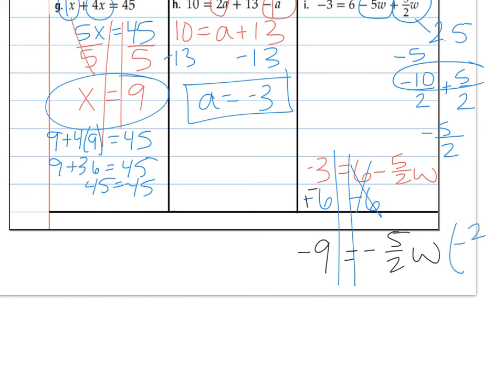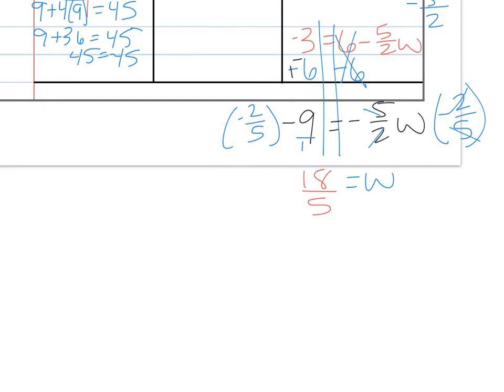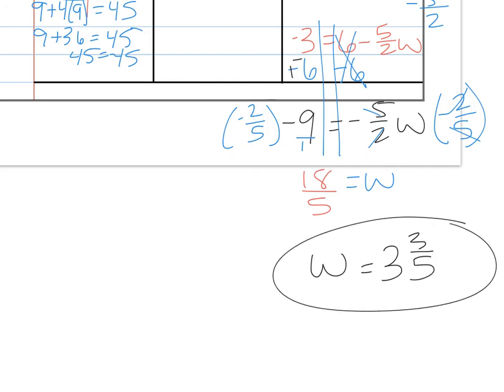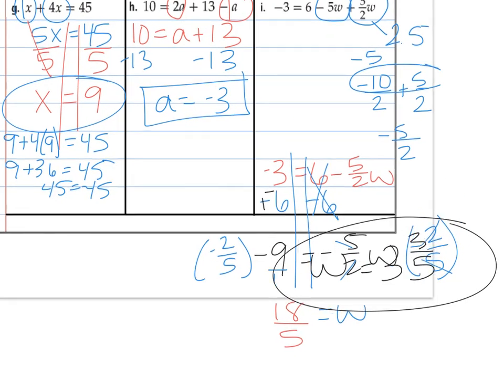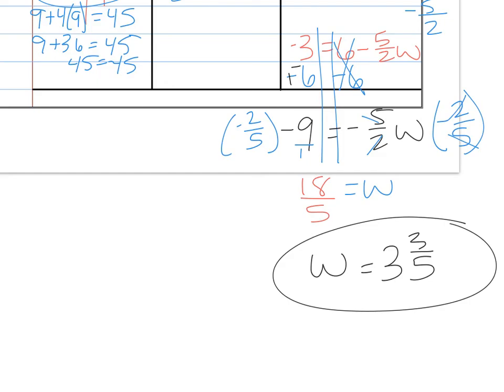Multiply by the reciprocal. 2 cross cancel. Multiply by the reciprocal over here, putting 9 over 1. And you get 18 over 5, which simplifies to a 5 goes into 18 3 times, with 3 of the 5 remaining. You can plug that back in to check.